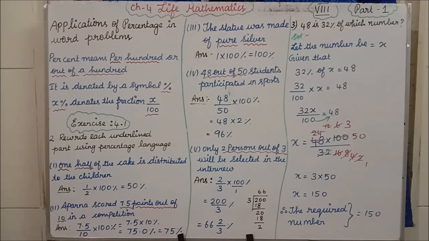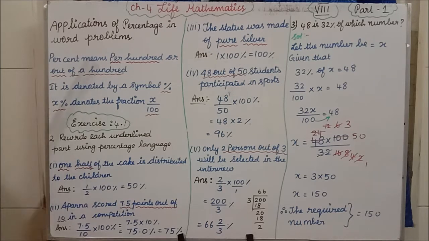We start with the application of percentage in word problems. How to apply percentage in word problems, we are going to learn in the first exercise. See, when I say percentage, what does your mind think immediately? Yes, you will be thinking about 100.